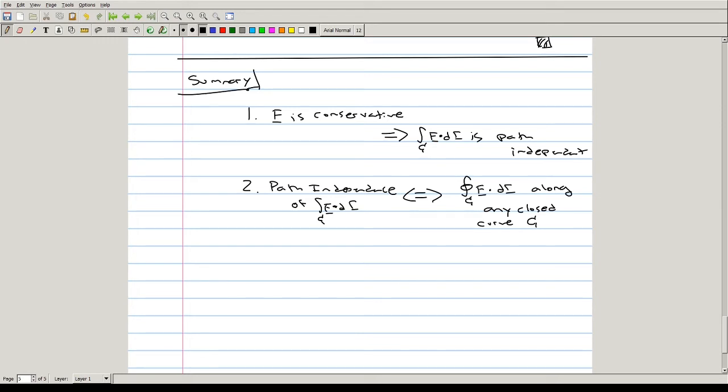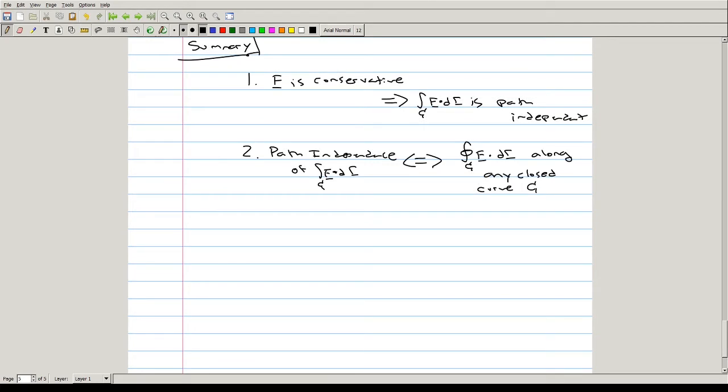So you can move backwards, but for now we haven't proven this. So this is just where we're at in terms of implications and what we can use.